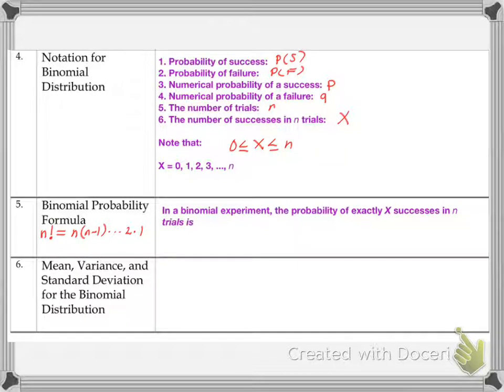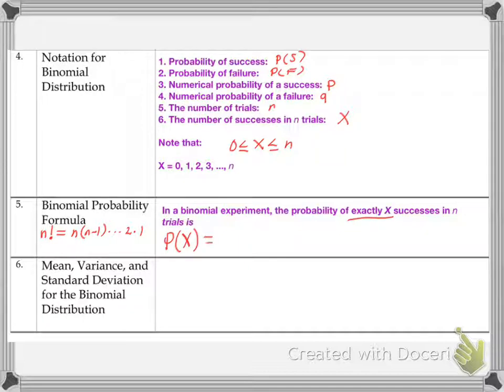Okay, so now looking at number 5. In a binomial experiment, the probability of exactly x successes in n trials is the following.